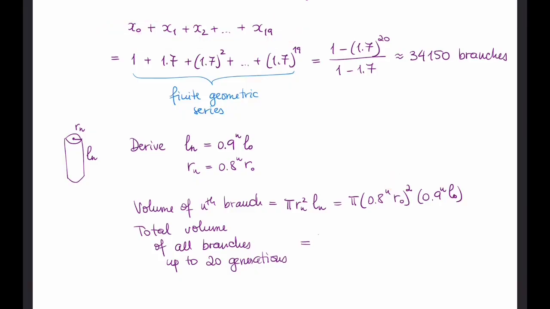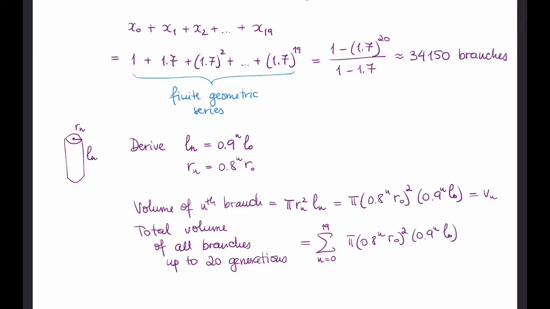So what I'm going to have is the sum where n goes from the 0th generation to the 19th generation of this value. If I want to label this, for example, Vn, I can, or I can simply rewrite the whole thing: (0.8^n R naught) squared, 0.9^n L naught.